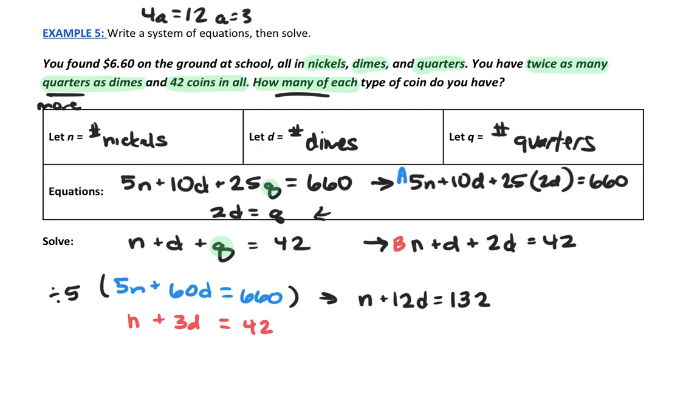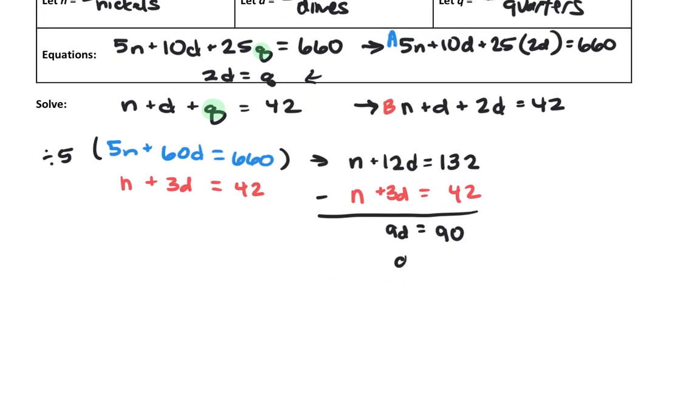And now, if I copy the red equation, now these are much smaller than what they would have been if I had multiplied the bottom by 5. So if I subtract, I get 9d is equal to 90. Oh, look how easy this is now. So d is 10. So the number of dimes is 10.